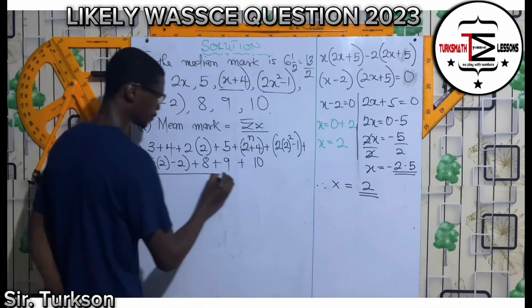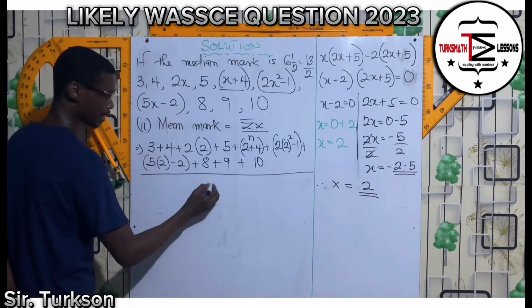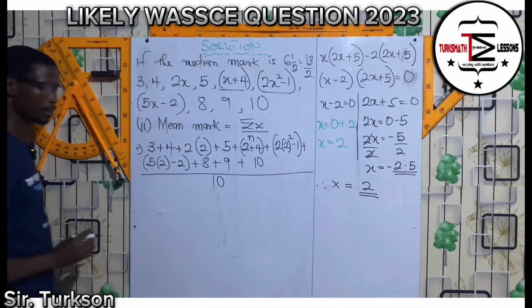All out of, they say how many applicants? 10 applicants out of 10, right?